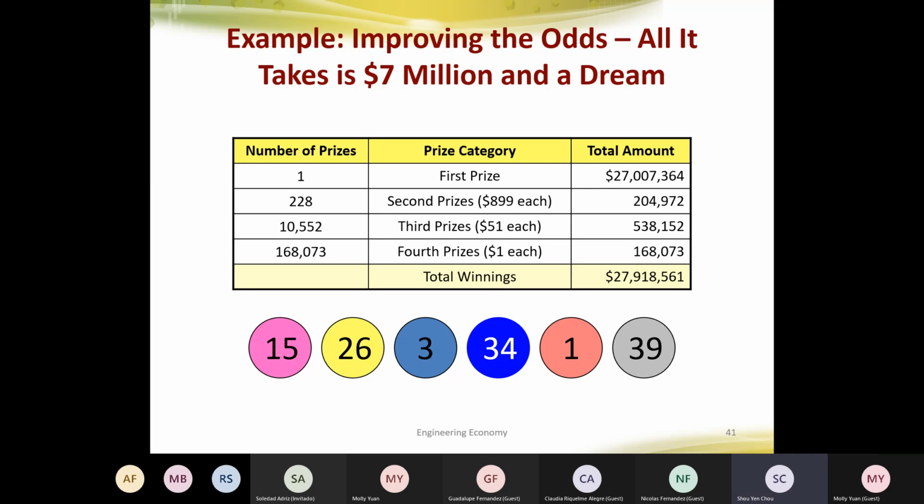And the third and fourth, right? And the fourth, you only get $1. It could be more than 168 prizes, each getting $1. So people always feel that they have the opportunity to win this 27 million.